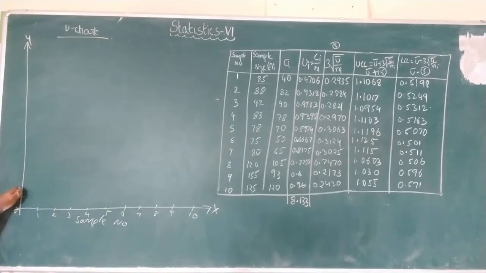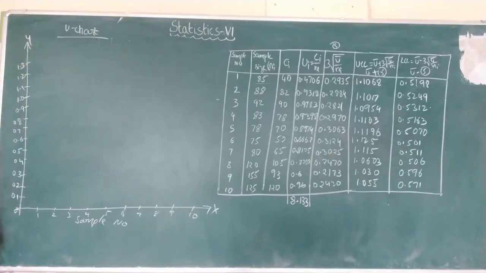Here 0.1, 0.2, 0.3, 0.4, 0.5, 0.6, 0.7, 0.8, 0.9, 1.0, 1.1, 1.2, 1.3.